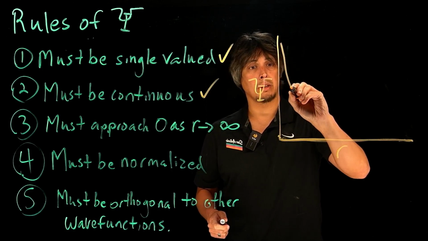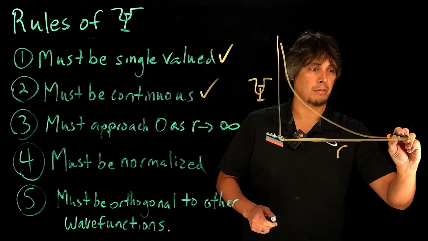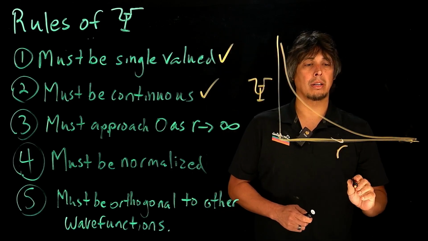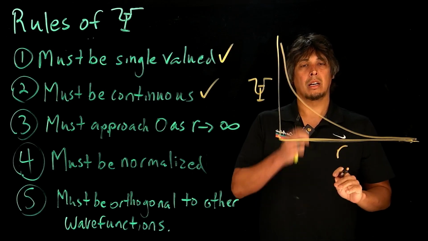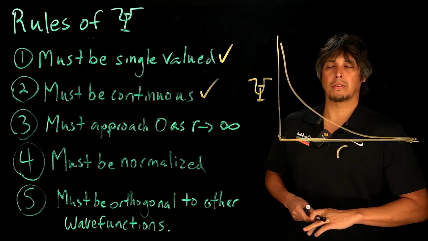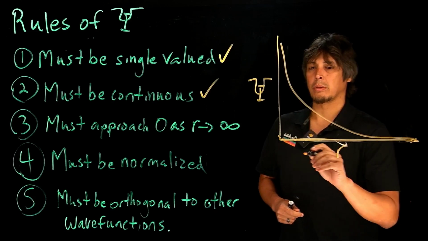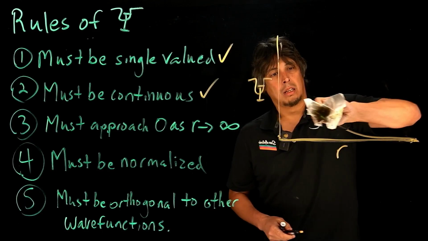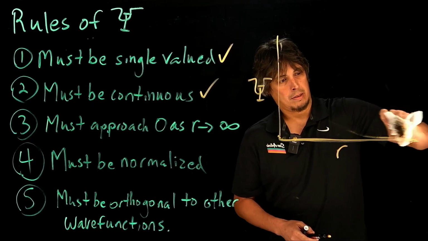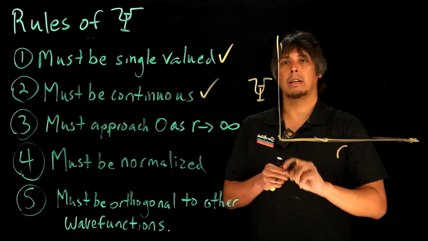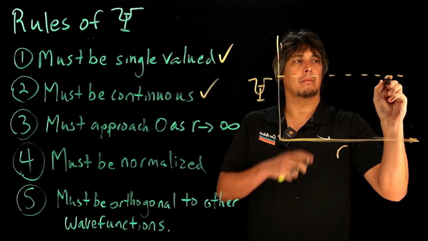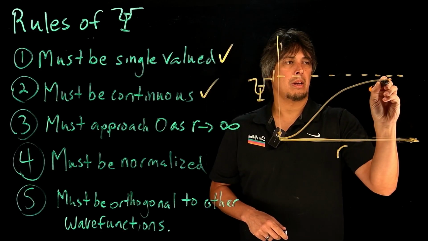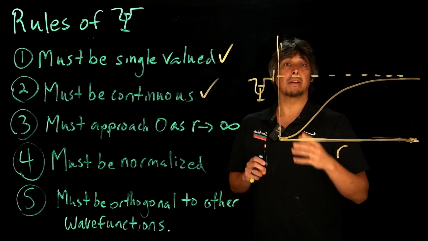And so, for instance, this would be acceptable because as this goes towards r equals infinity, as we continue to go right to increasing values of r, this is approaching 0. This would not be acceptable, for instance. This is something that has an asymptote, for instance, at 1. As it approaches infinity, this would not be a valid wave function.